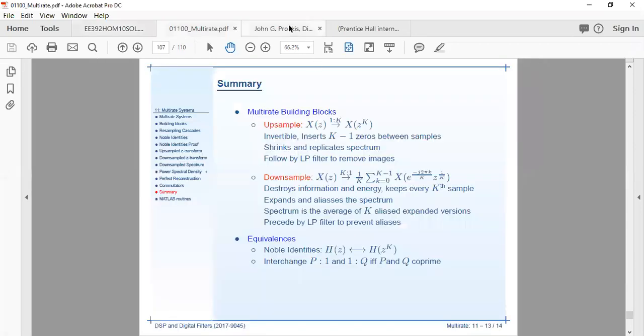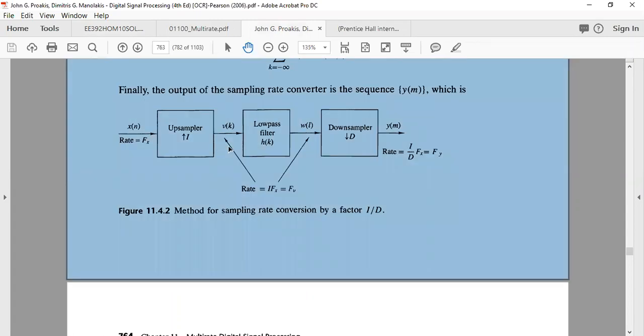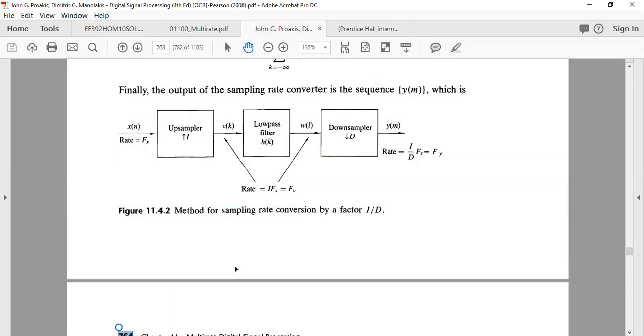Let's go back to this particular block. When we upsample, the frequency is increased, so we get a rate of I times f of x, which is the output of this upsampler block.